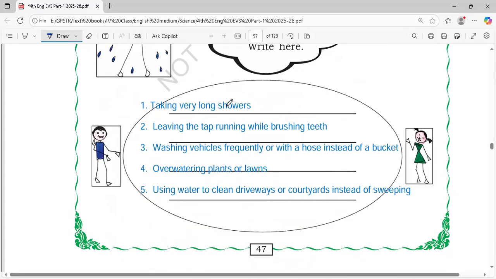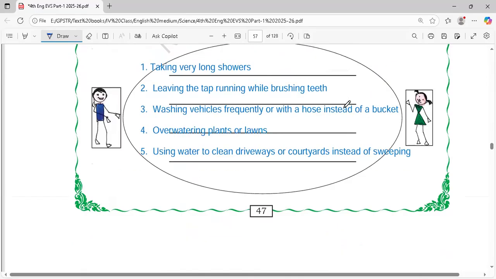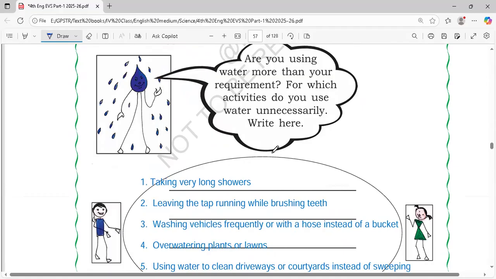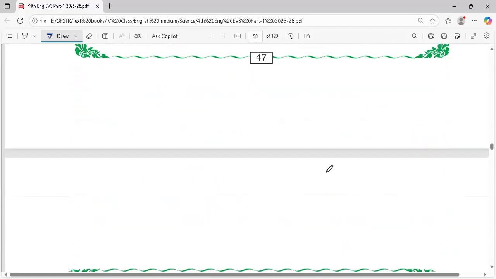Right here, I have written some activities: taking a very long shower, leaving the tap running while brushing teeth, washing vehicles frequently or with a hose instead of a bucket, overwatering plants or lawns, and using water to clean driveways or courtyards instead of sweeping. These are some activities where we use water unnecessarily.